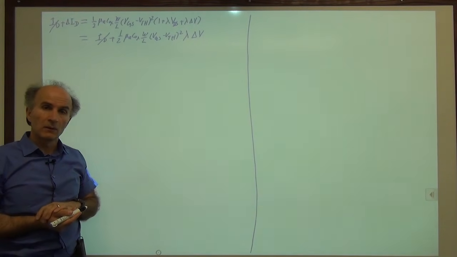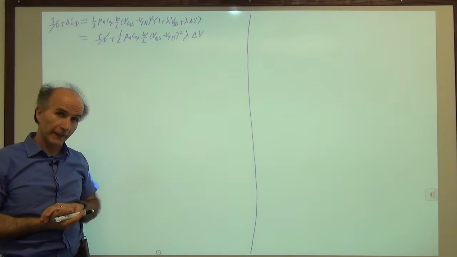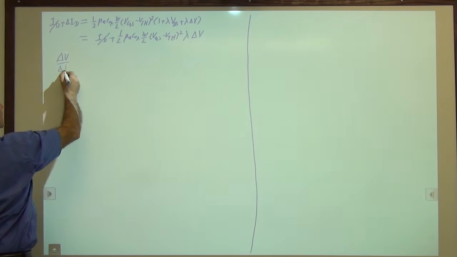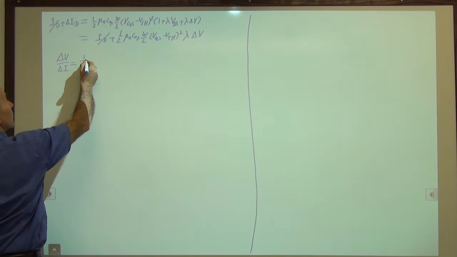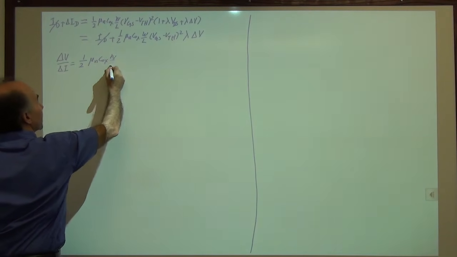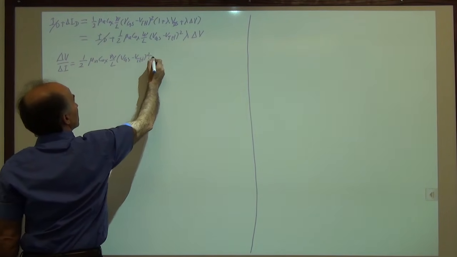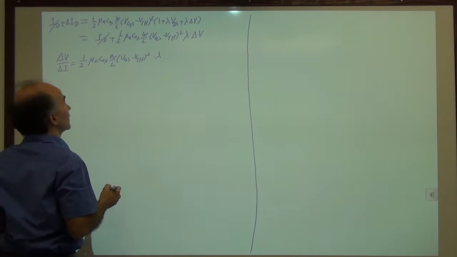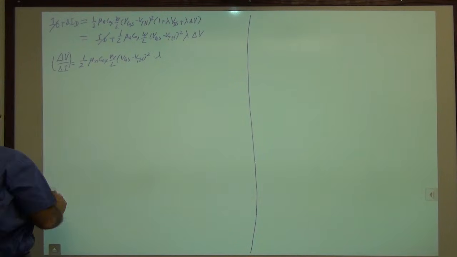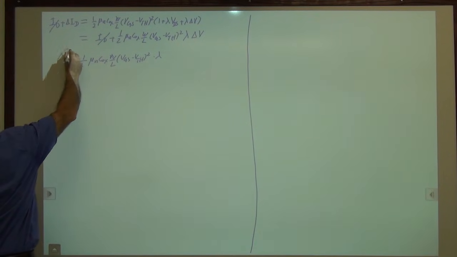Okay. All right. Well, let's try to calculate delta V over delta I. Delta V over delta I is equal to 1 over [1/2 of mu n C ox W over L (VGS minus VTH) squared times lambda]. Okay, sorry, that's the other way around, so I'll put the minus 1 here.